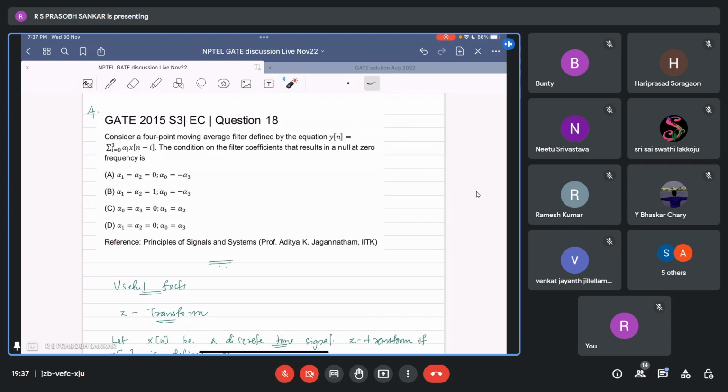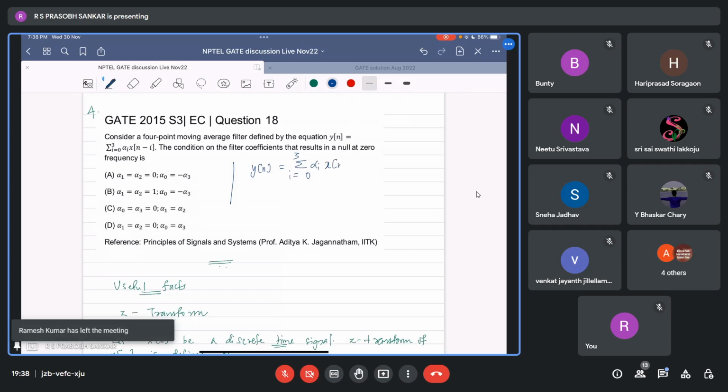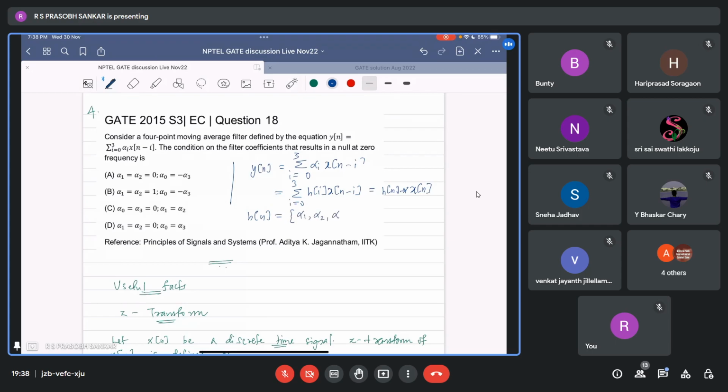So basically the question is like this. We have a 4-point moving average filter. So what does that mean? We have the output y of n given by summation i equal to 0 to 3 alpha i x of n minus i, or this is same as the usual convolution, summation i equal to 0 to 3 h of i x of n minus i, or h of n convolved with x of n, where h of n is given by alpha 0, alpha 1, alpha 2, alpha 3.